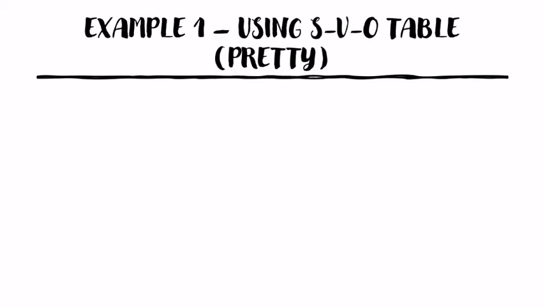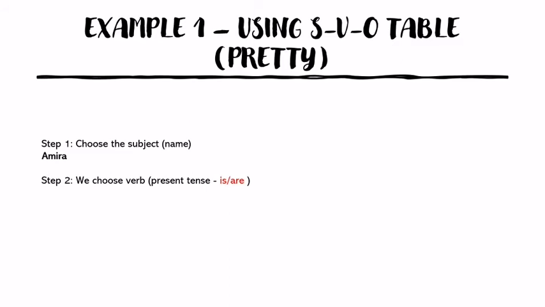Okay, next is example 1. They are using SVO table. Okay, we use word pretty for the adjective. Okay, first step, we have to choose the subject, or we choose here name. Okay, name that we choose is Amira. Next, step 2, we choose verb.